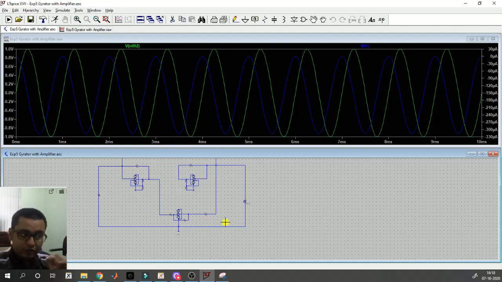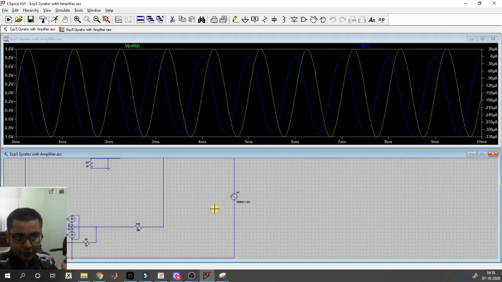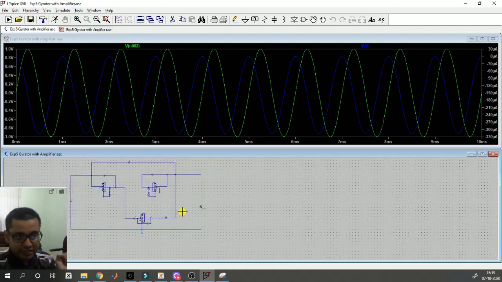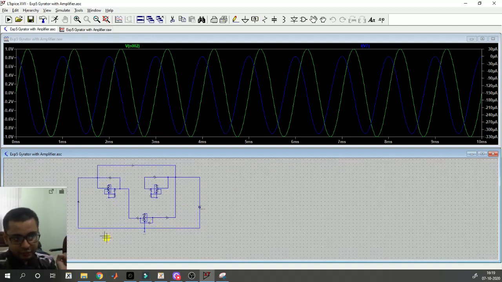Okay, now to be more sure that this is really behaving like an inductor, I should change the frequency of this supply voltage and measure how the amplitude of the current changes with the frequency. That means how the impedance of this circuit changes with the frequency.